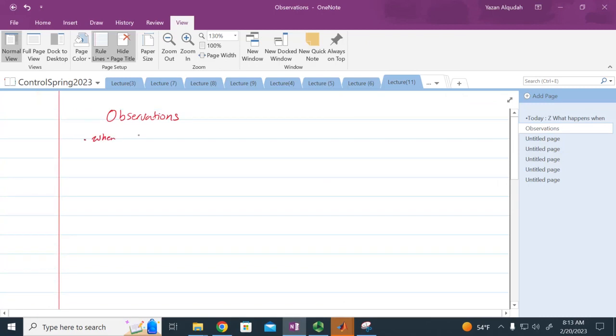And the first observation, when the extra pole is within a factor of 4, and that means compared to the location of the second order system, it will have considerable impact on the response.